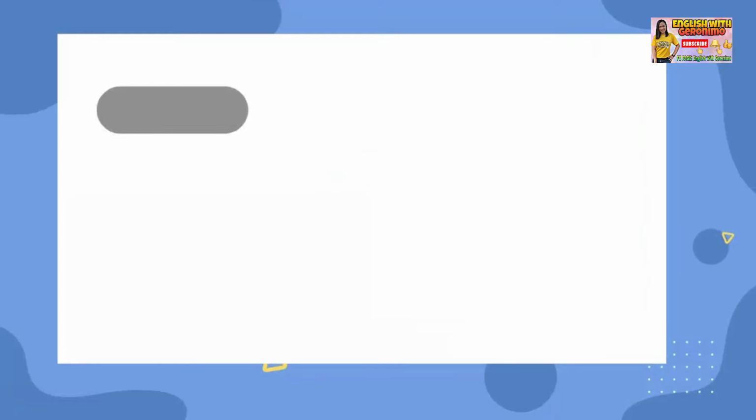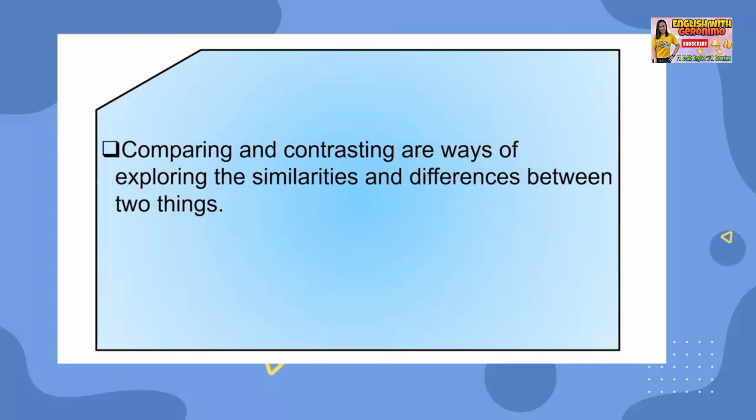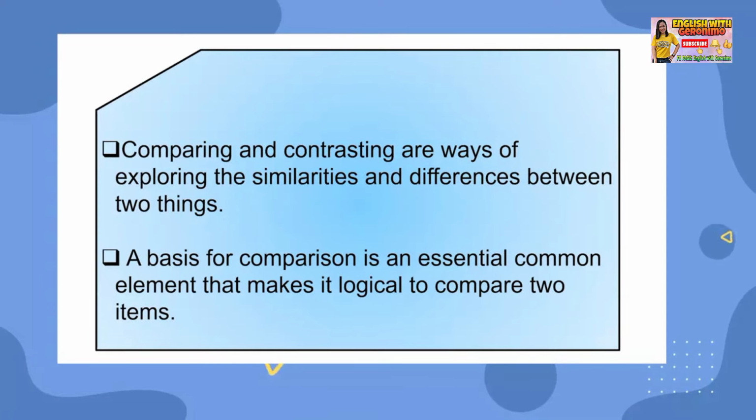To sum up everything we have talked about in this lesson, always remember that comparing and contrasting are ways of exploring the similarities and differences between two things. A basis for comparison is an essential common element that makes it logical to compare two items.